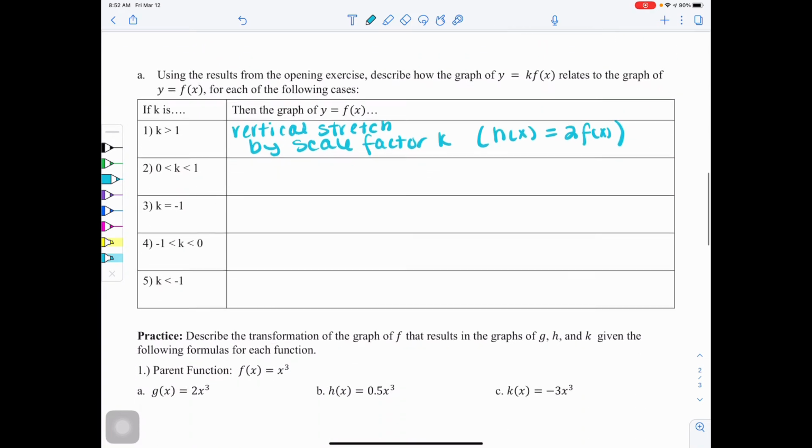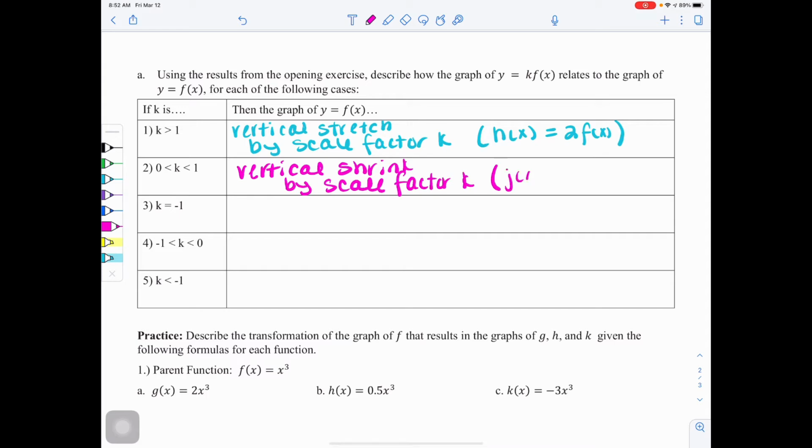So in number 2, because it's on the outside and it's a number between 0 and 1, it is a vertical shrink this time by scale factor k. So again, on the outside, we'll put which one we're referring to. J of x was equal to 0.5 times f of x. So that's the one you want to refer to.